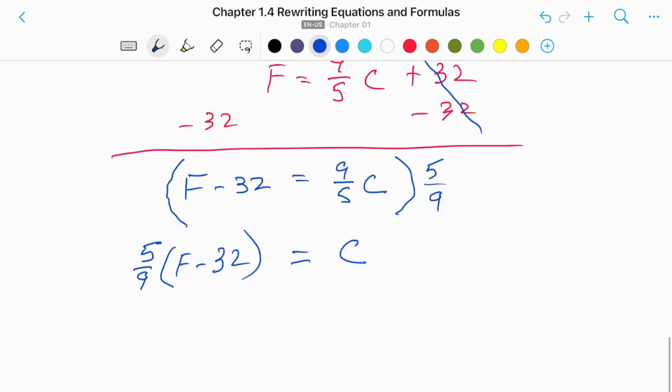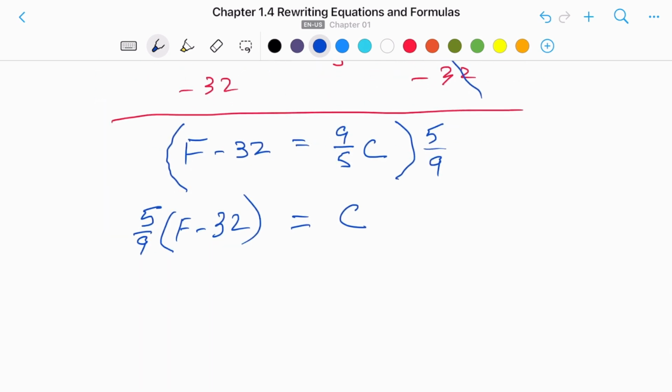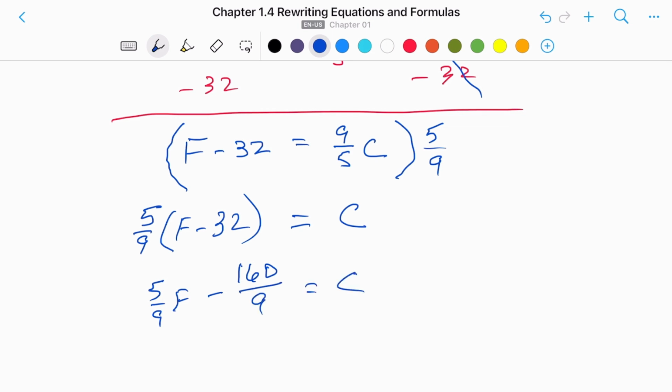You can multiply the whole thing out and say 5/9 F minus 32 times 5. What's 32 times 5? That's 150 plus another 10, that's 160. So it's 160 over 9. Crazy, right? So if you wanted to find Celsius, you would use this formula.